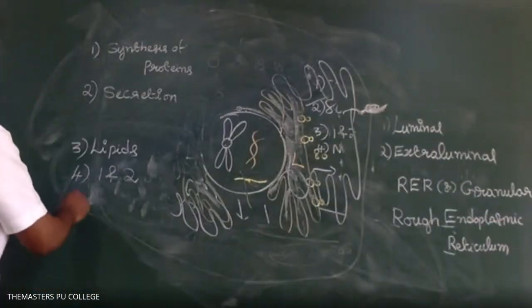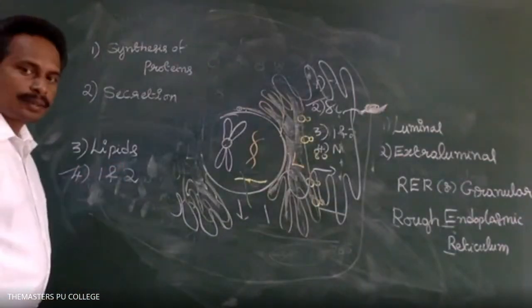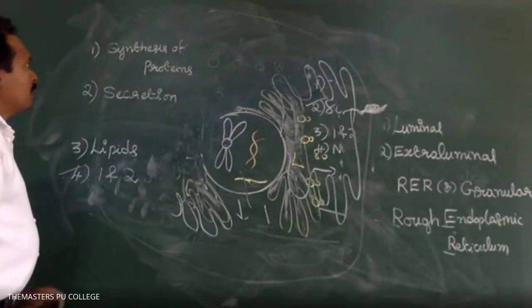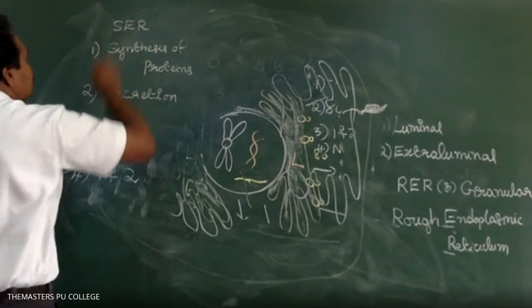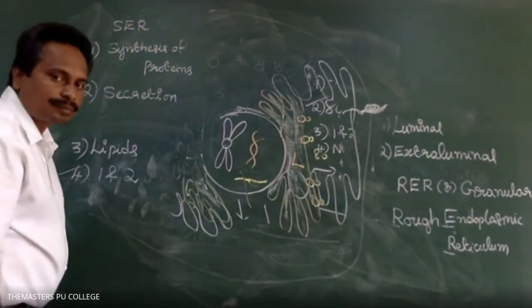What is the answer? Option 4, 1 and 2 is the correct answer. The smooth endoplasmic reticulum is involved in? Very good, option 3, lipids.